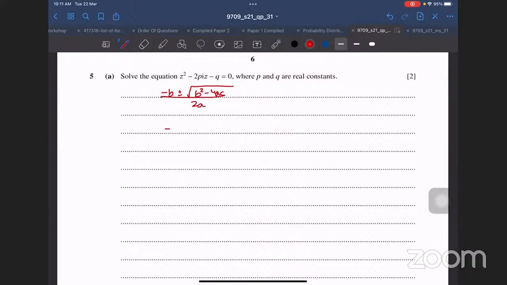My a, b, c are as given, so minus b plus minus root of b square minus 4ac.